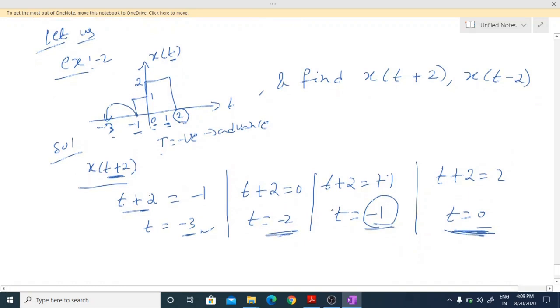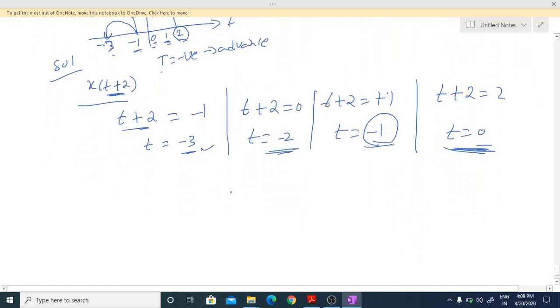So if I redraw this diagram after shifting, the signal is now x of t plus 2 on the y-axis and t on the x-axis. The modified t values are -3, -2, -1, 0.